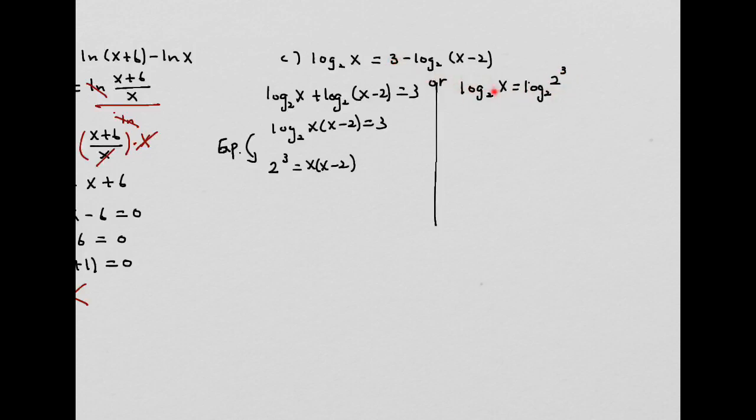So this 3 can become log 2 to the cube, right? So you change that into the logarithm, and then you have log 2 of (x minus 2). And then you can make a single logarithm on this side by combining on the right side. That gives you log 2 cubed is 8 times, oh wait, not times, because it's subtraction, it will be division, right?